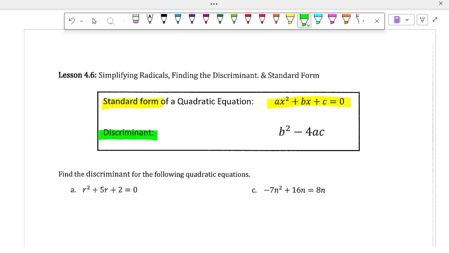I'll explain what the discriminant is in a second. But for right now, the discriminant is just a number that we find in the quadratic formula. And all the discriminant tells us is the number and the type of solutions that we have. So the formula for it is b squared minus 4ac.